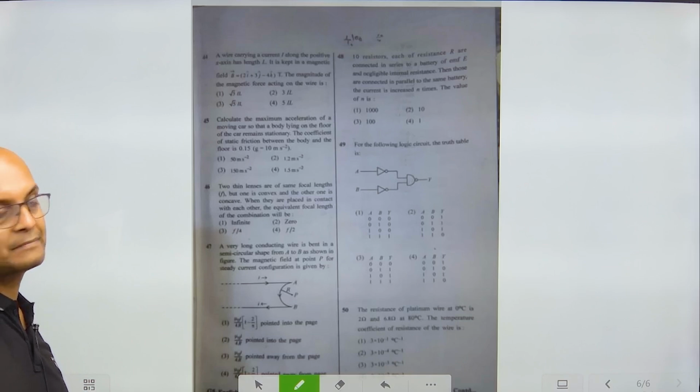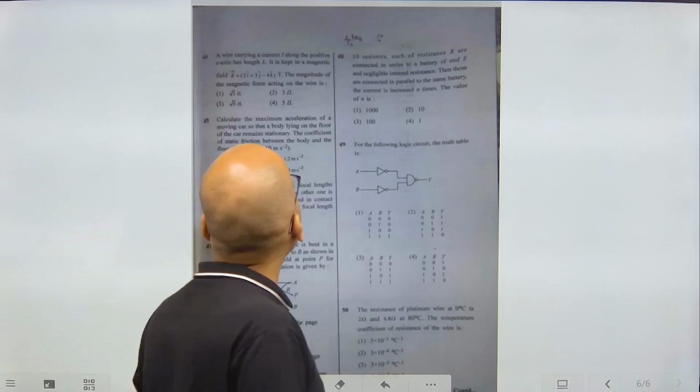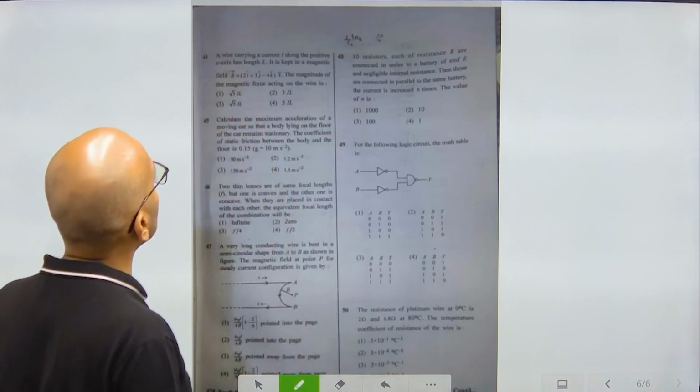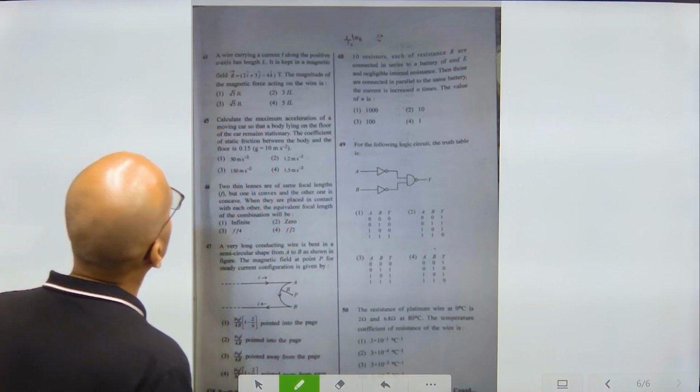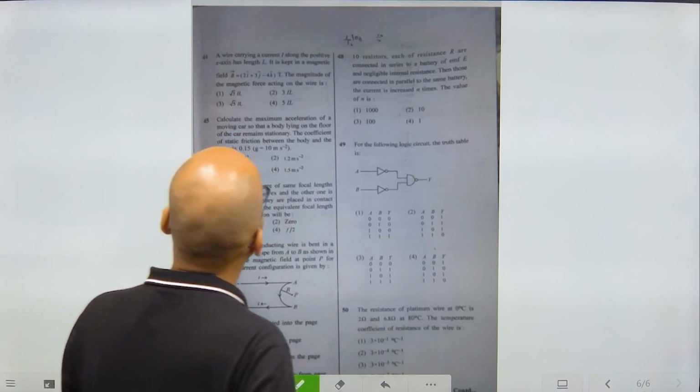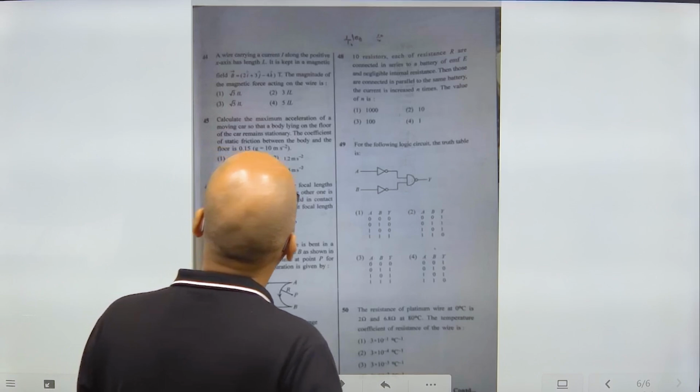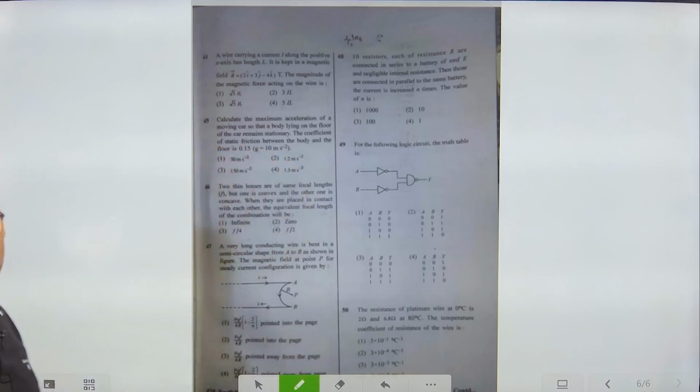Cutoff will be higher. Now it is saying a wire carrying a current I along the positive x-axis has length L, and B is given to us. We have to calculate the force.